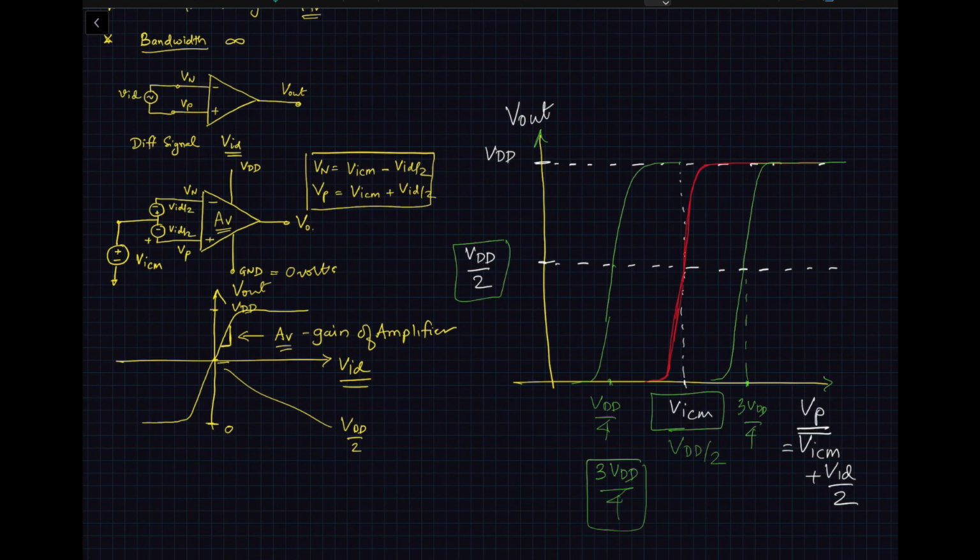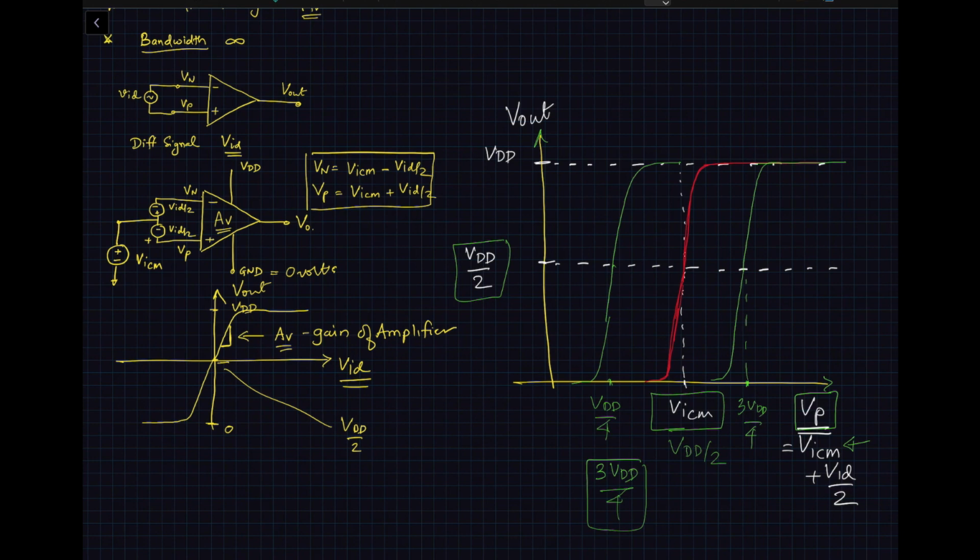For some of you it might be a little confusing in the beginning, but what I'm trying to explain is we are plotting the voltage at Vp, which is Vicm plus Vid by 2. Now when Vicm is fixed, that means the Vid is the one that is changing.